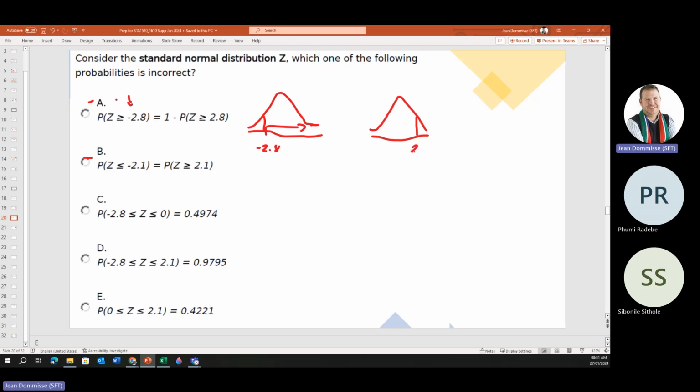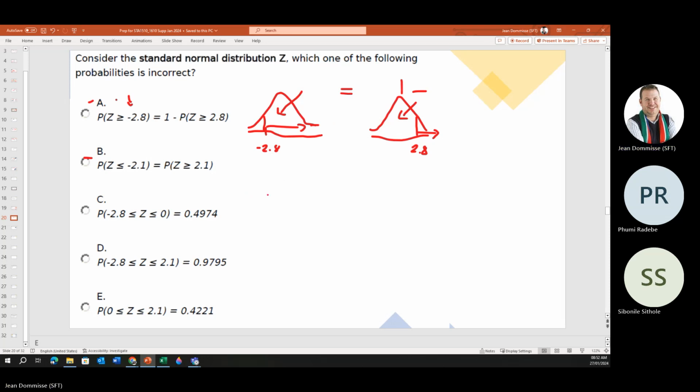Okay, so here's 2.8. Z bigger than 2.8 is that. 1 minus that gives us this area. That area and that area is exactly the same. Okay, so you can go and look at the tables. It will give you exactly the same answer.